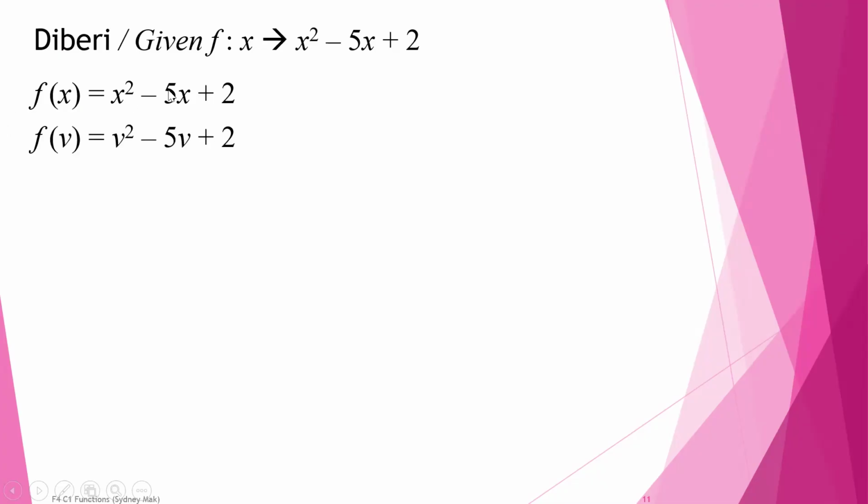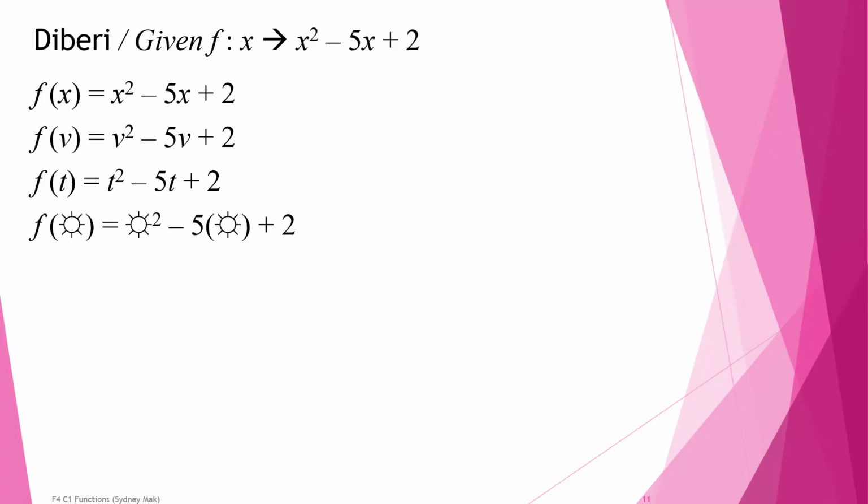Why? Because I can change the object inside. The moment I change my x to v, all the x that you see in the formula will turn into v also. So v squared minus 5v plus 2. What if I put t? I get t squared minus 5t plus 2. It's the same. Your production line is the same.